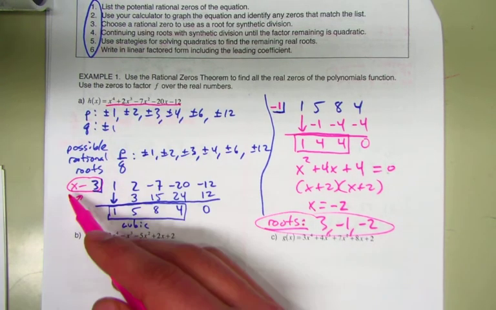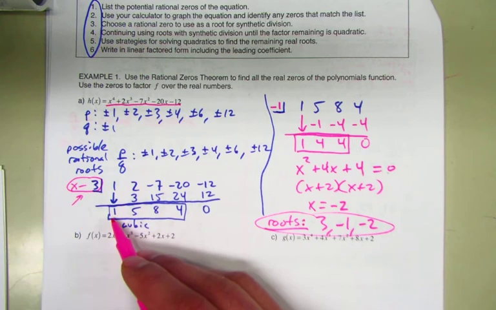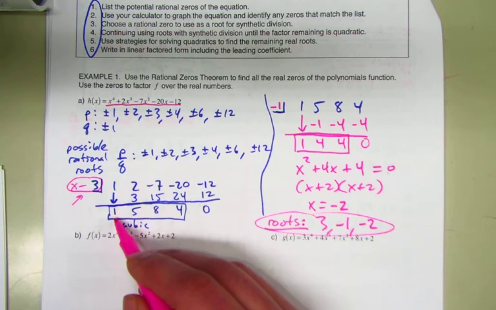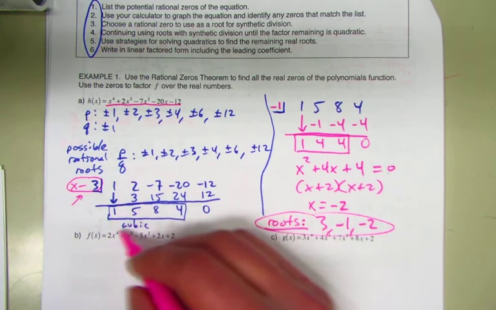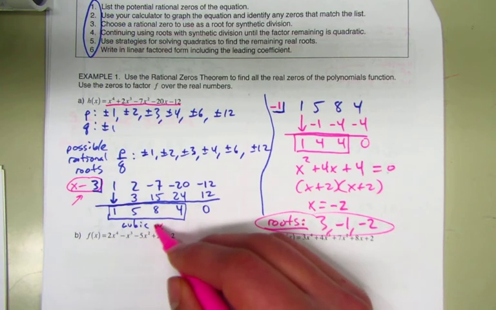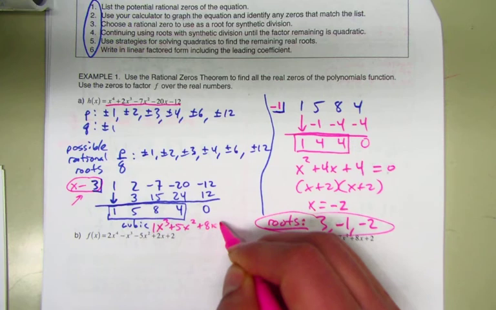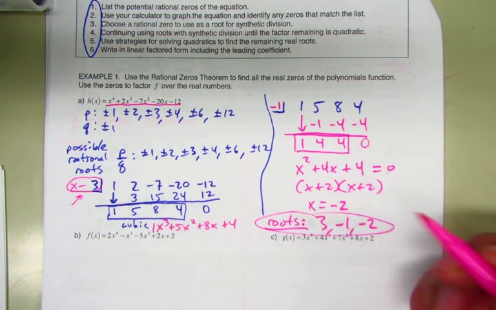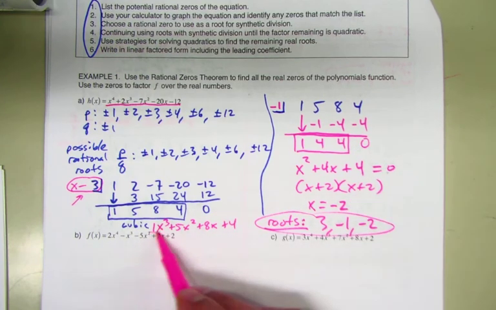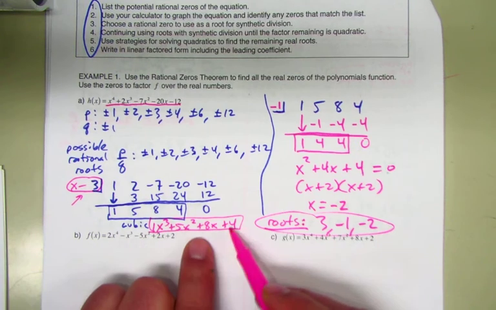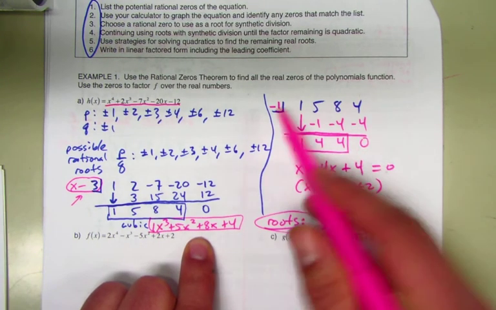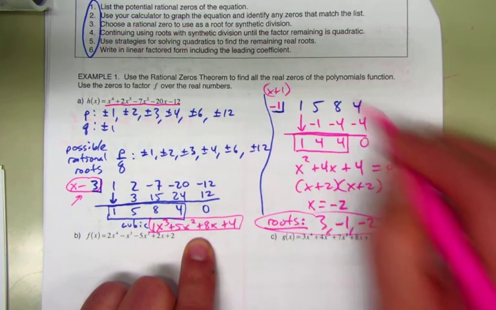So if you have x to the 4 and we're dividing it by x, now this is going to be a cubic, x to the 3rd. And these are the coefficients. So if I actually wrote this out, it would be 1x cubed plus 5x squared plus 8x plus 4, and then the remainder is 0, so I don't need that. You see what I'm saying? Now I'm taking this cubic, and I'm dividing it again by, this would be like dividing by x plus 1.